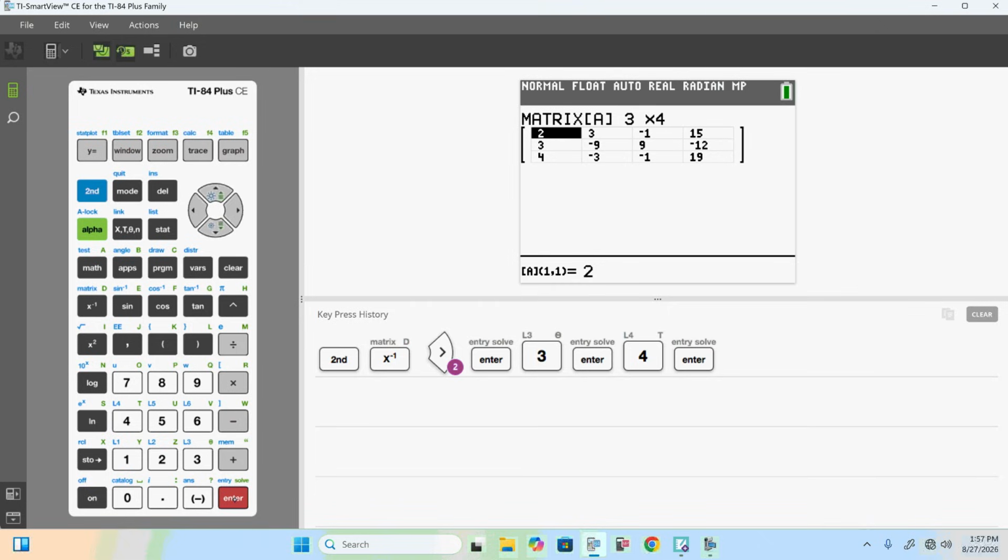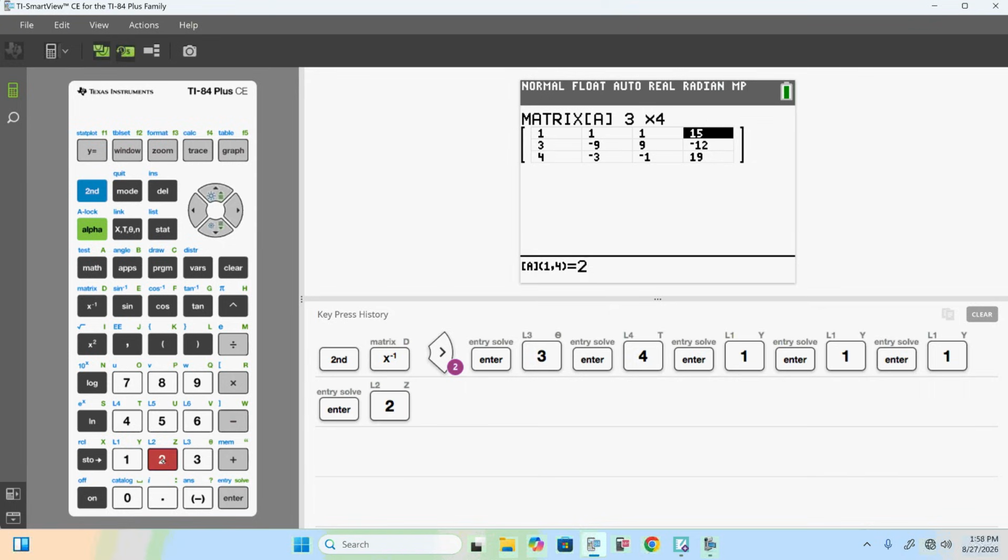So we're going to type that matrix in. Hit 3, enter, enter. There you go. The first numbers we should have are 1, 1, 1, 2. So I'm going to type 1, enter, 1, enter, 1, enter, 2.